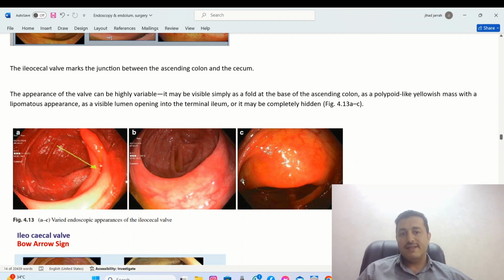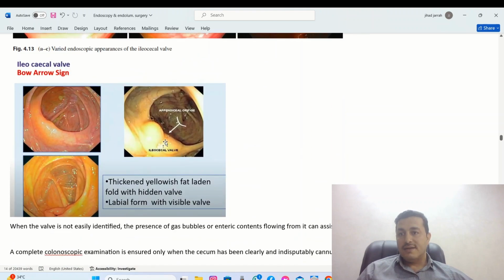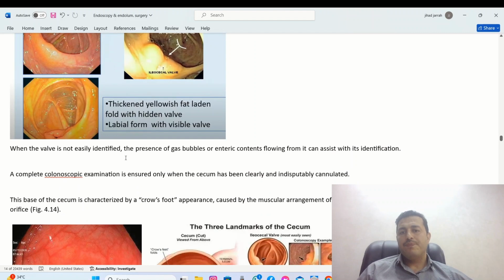Between them you will find the ileocecal valve. Here they show you that this is the crowfoot appearance. You see the ileocecal valve over here. This is definitely the ileocecal valve because it's a thickened yellow fat and the valve is hidden between them.